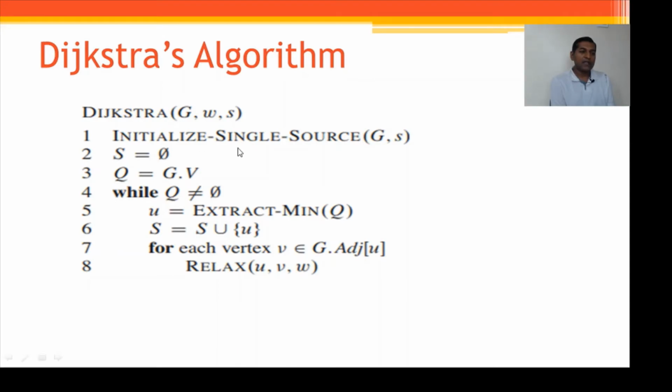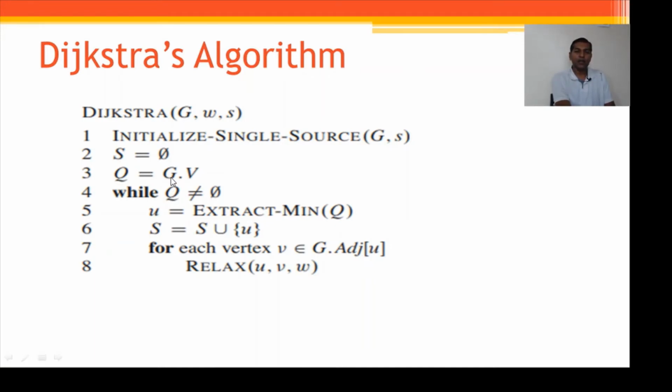So initializing single source for the graph and S will be done, whereas all the vertices are defined to be infinity, because starting from the source vertex S, the distance to all the vertices is almost infinity. So we will create a queue where all the vertices are inserted.